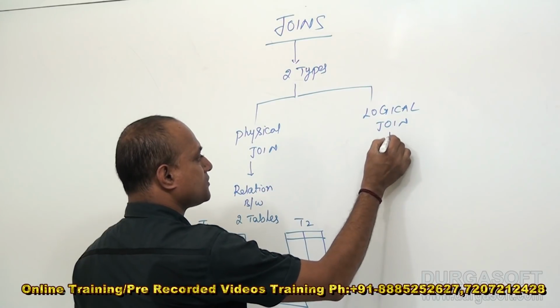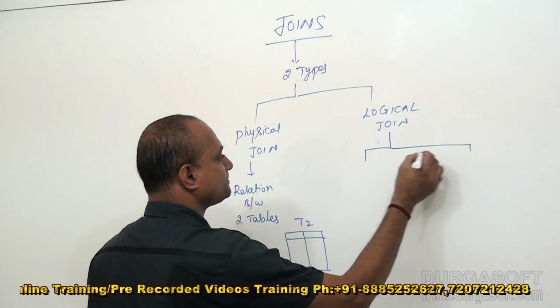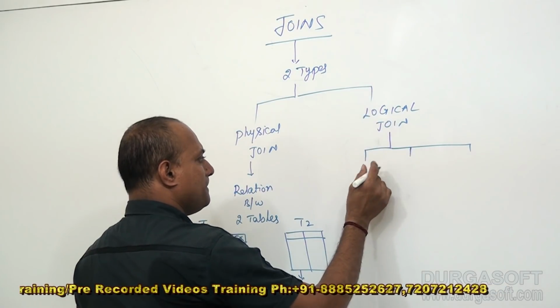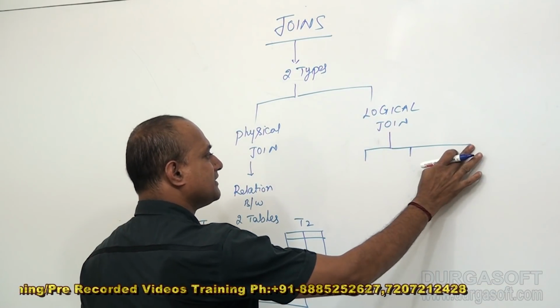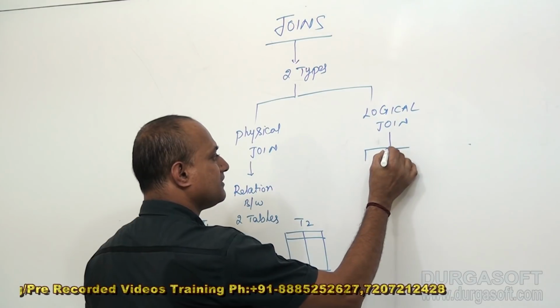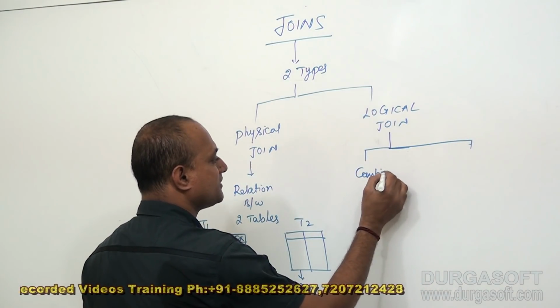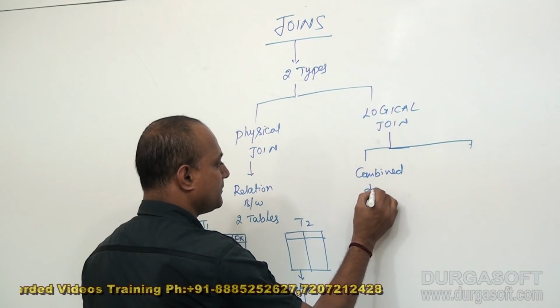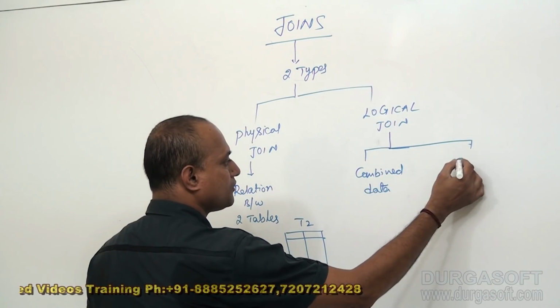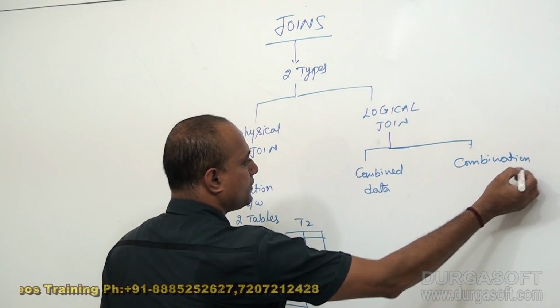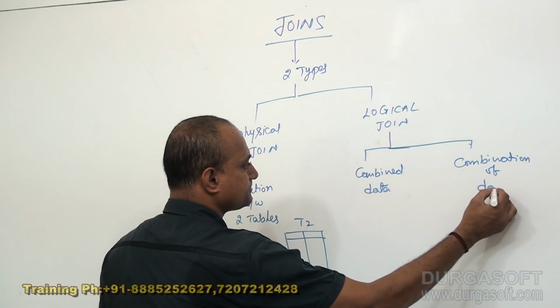Then what is a logical join? Logical joins are again of two types: to get combined data and to get a combination of data.